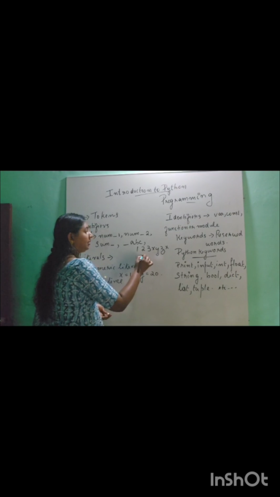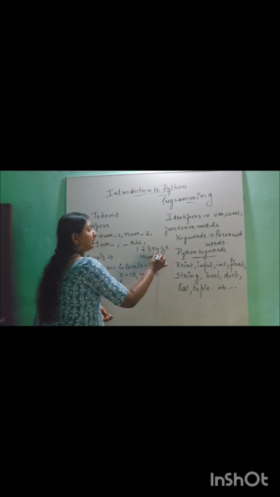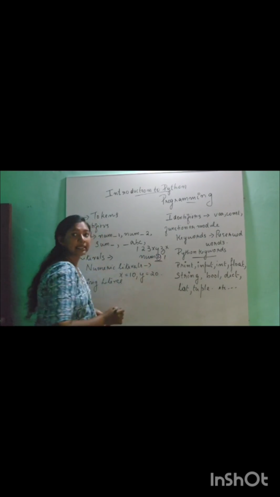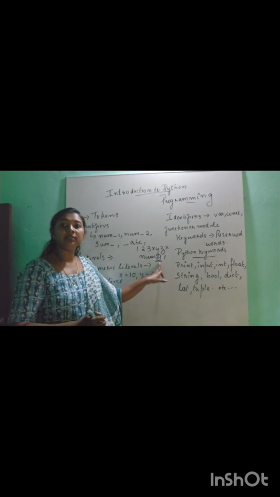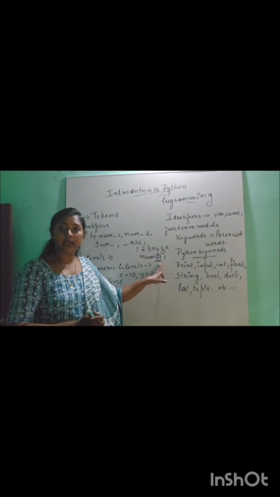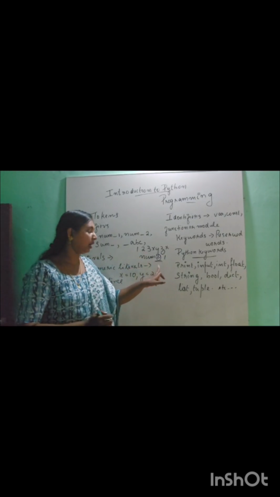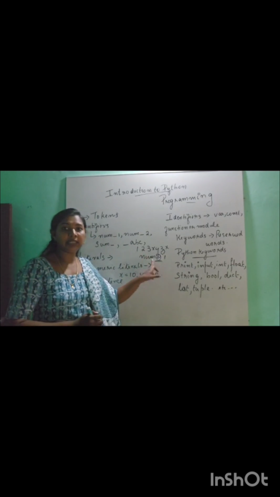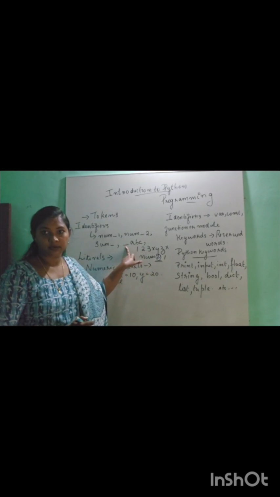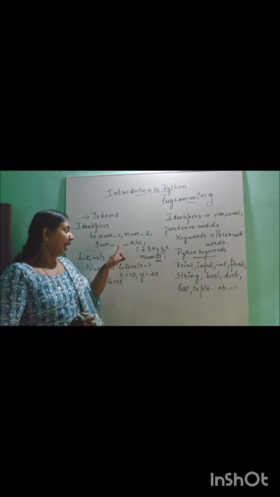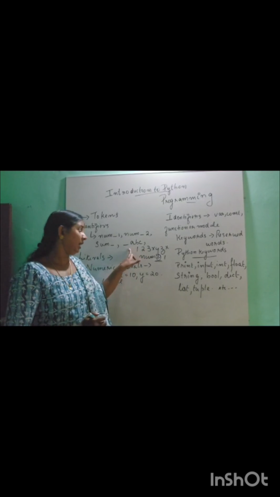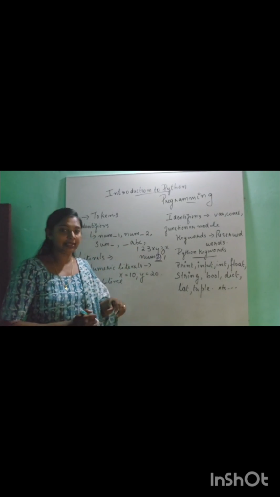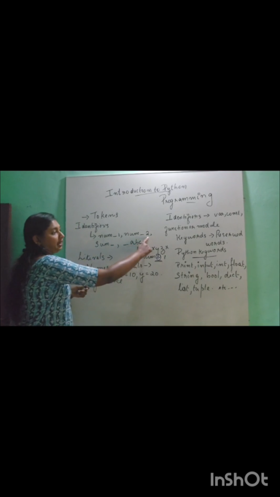1, 2, 3, x, y, z. This is not a valid variable name. And I can't name the variable like this: num@1. This is a special character or a special symbol. A special character is not allowed in a variable name or a function name. You can't use any special character other than underscore. You can use underscore, as Python allows naming variables using snake case.